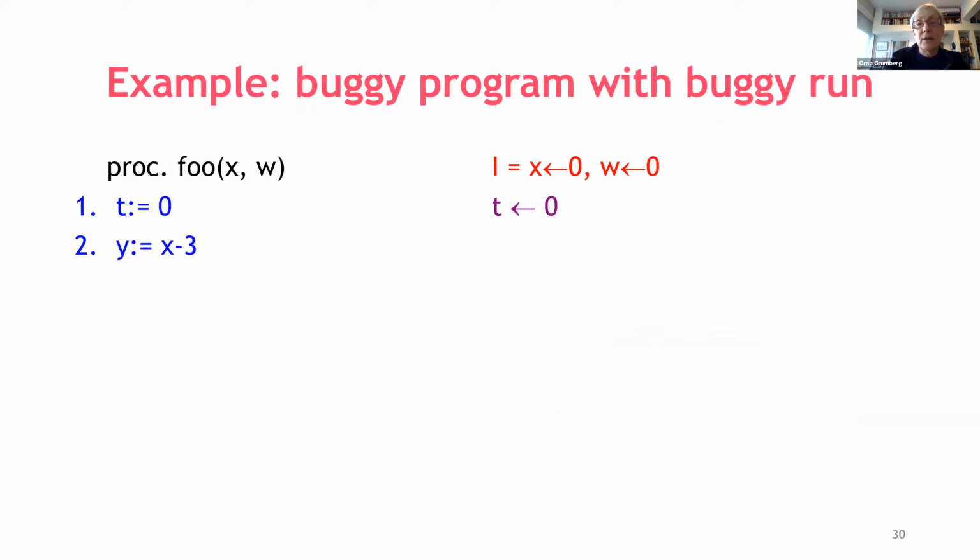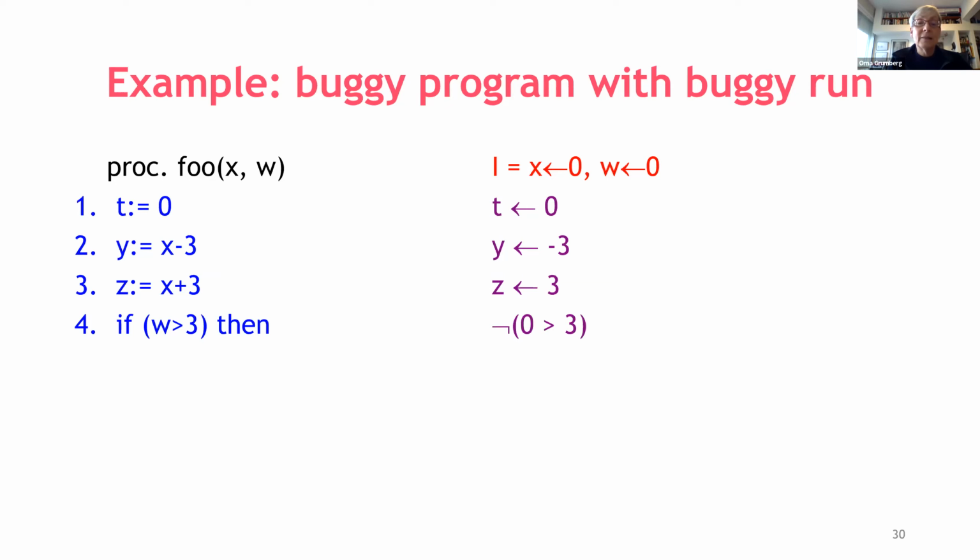Y gets the value of -3, z gets the value of +3, and now we get to the if statement, and here we see that w, which is 0, is not greater than 3, and therefore this condition doesn't hold. We jump right away to the else. We don't have an else.